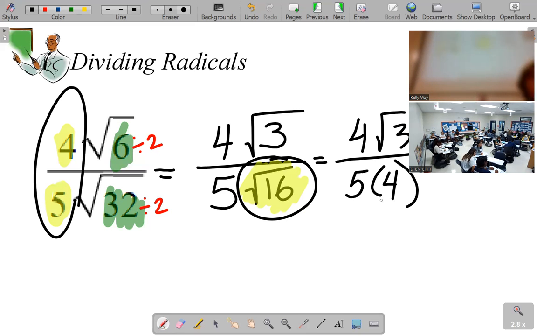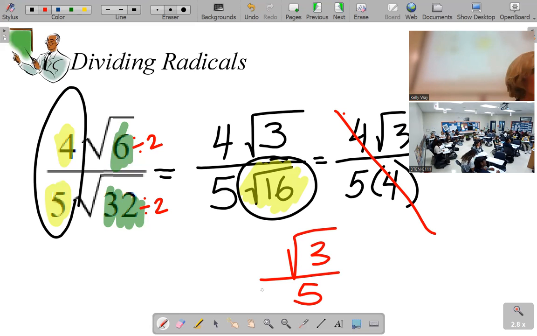Why did you not multiply that into 20? Because if I do the 20, I have to reduce it anyways. Why not just go goodbye? Root 3 over 5.